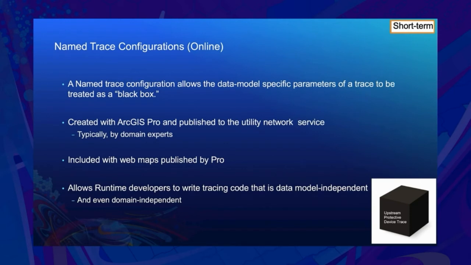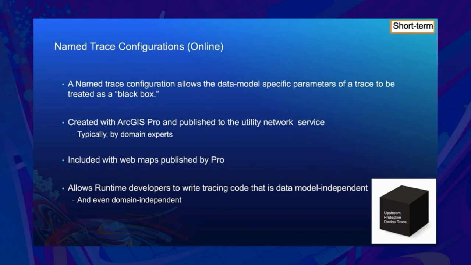So what this does on the runtime side is it allows runtime developers to write this tracing code without needing to understand what the data model is. They get the trace from the web map. They see it's called Upstream Protective Device Trace, to give one example. The named trace configuration tells you how many starting points you need.